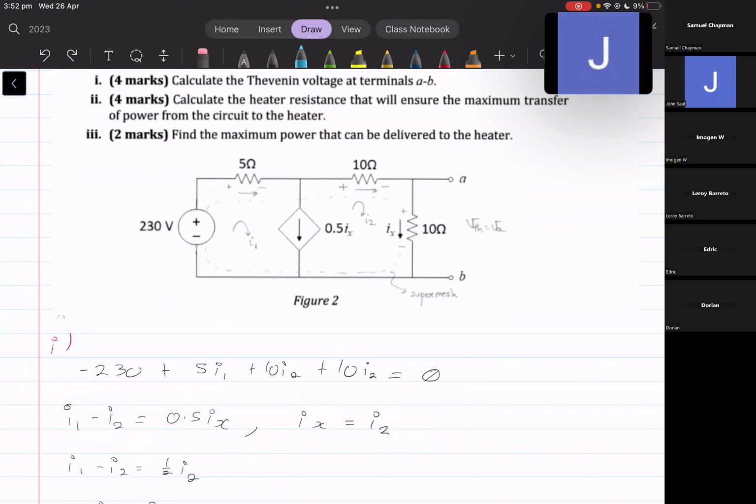For this one, that source tells us that I1 minus I2 is equal to 0.5 Ix. You could do these two separately and then combine them with that formula. But because we know that, we can just make it one big mesh. And it's the same thing for nodes: if there's ever a voltage source between them, you just make it a super node. Any other questions?